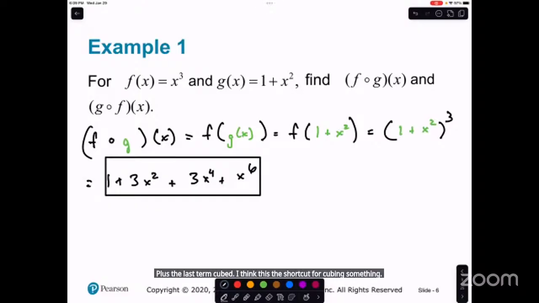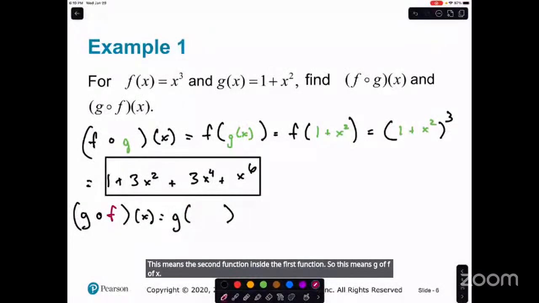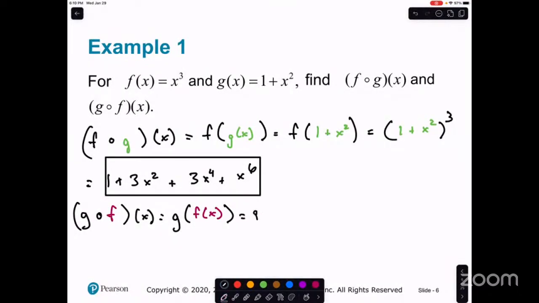Okay, anyway. So then let's do G compose F. This means the second function inside the first function. So this means G of f of x. What's our f of x in this case?